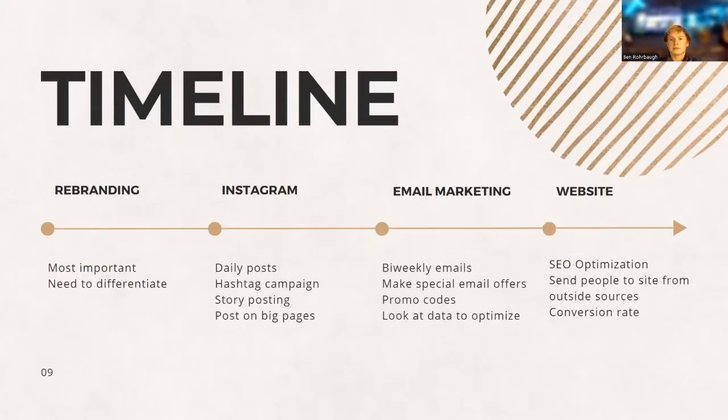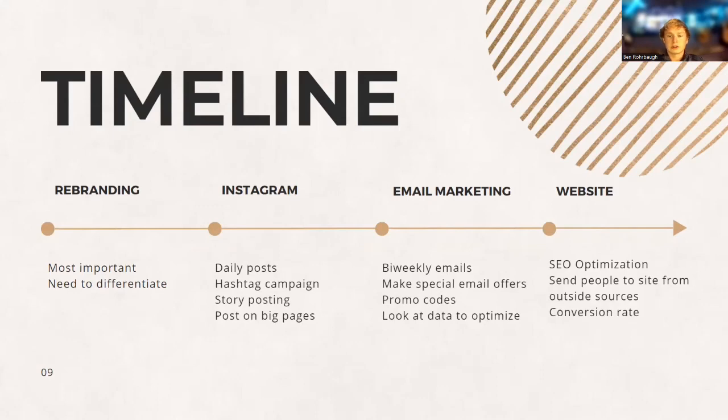So for the timeline of this project, obviously, like I just said, I want you to start with the rebrand to help you differentiate. And then from there, I want you to take that rebrand, create an Instagram account, have your daily posts, maybe a hashtag campaign, and story posting to get people engaged with your company.